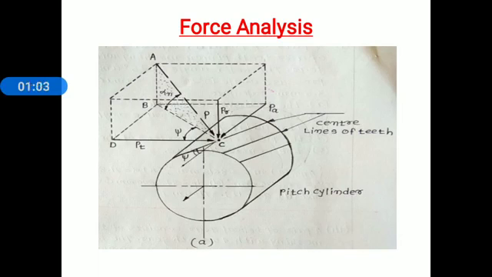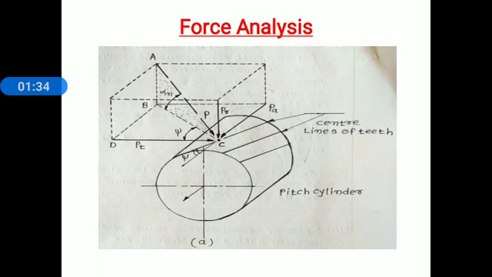This resultant force P is resolved into three components, as clearly shown in this sketch: PT, PR and PA. PT, the tangential component, is in Newton. PR, the radial component, is in Newton, and PA, the axial or thrust component, is in Newton.